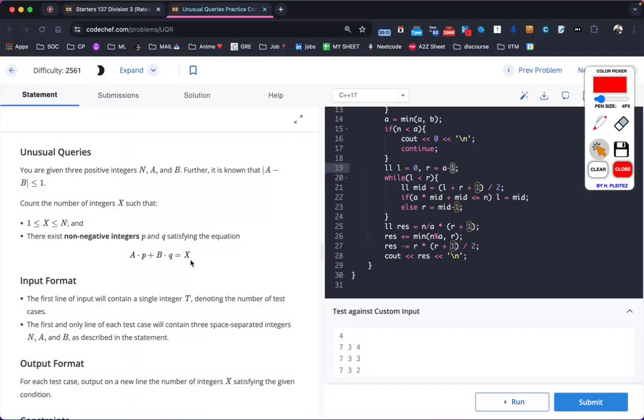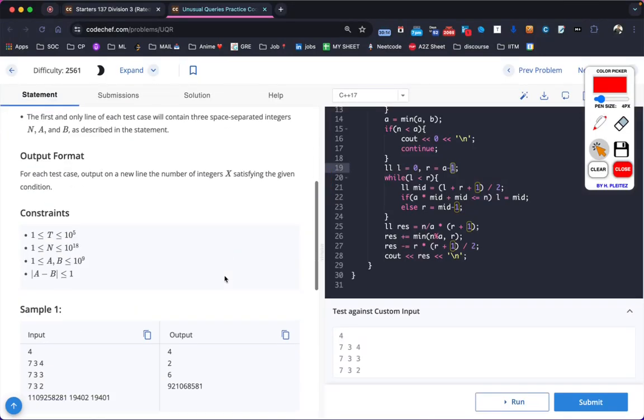Now the total number of possible cases: x can go from 1, 2, 3 and so on till n. Just add all the cases, x can be 1, x can be 2, x can be 3, x can be 4, and the summation will result in n into n plus 1 by 2. Subtract that and print out the result. That's it.